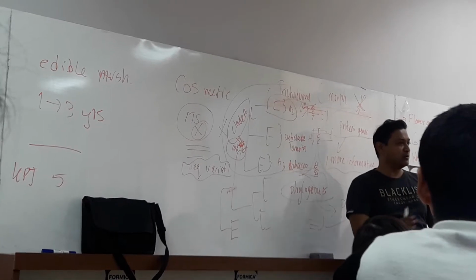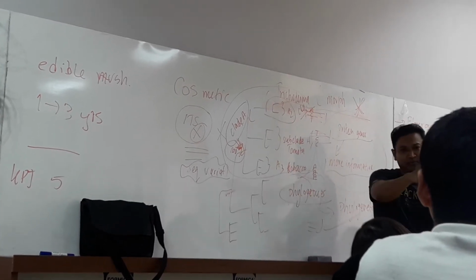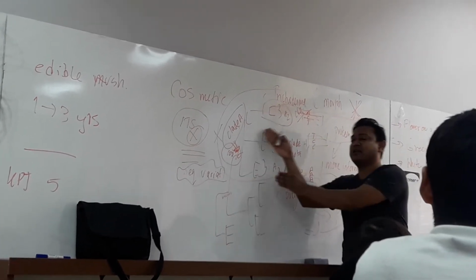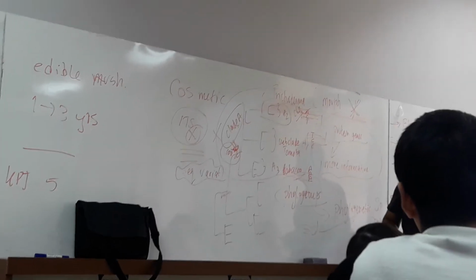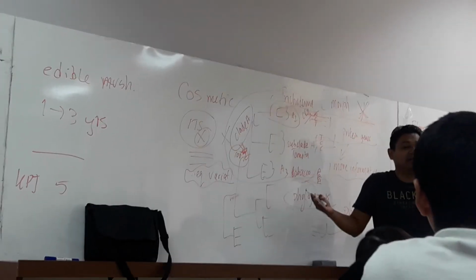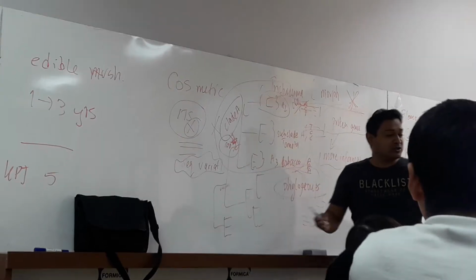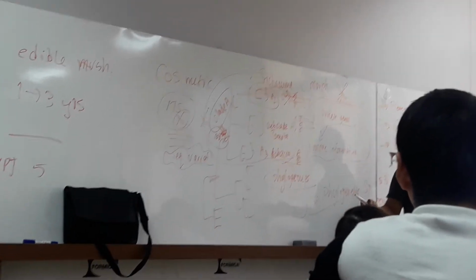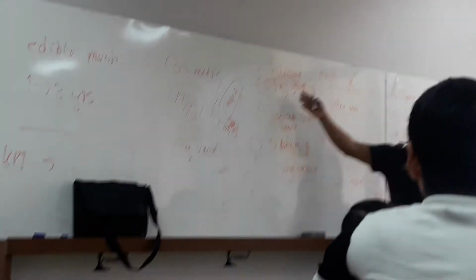Just check it properly. You will see you have this set of alignment, this set of alignment, and then it reflects on the tree.